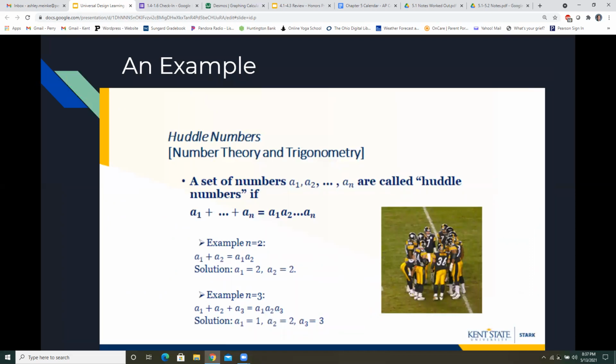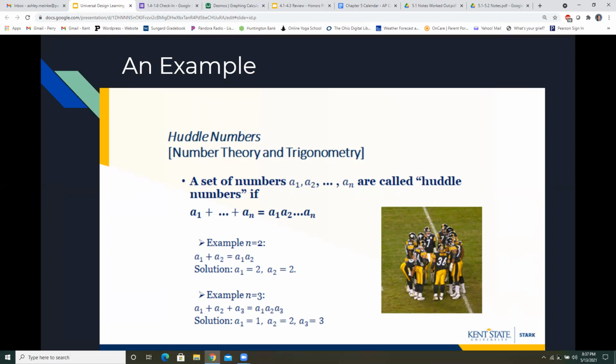Going into a more concrete example, now this is coming from a little bit of higher mathematics in number theory, but I managed to tie this into trigonometry as well. Think about a bunch of numbers. I call them n numbers, A1, A2 through AN. You can think of 2 or 3 numbers, but let's think about an abstract n set of numbers.